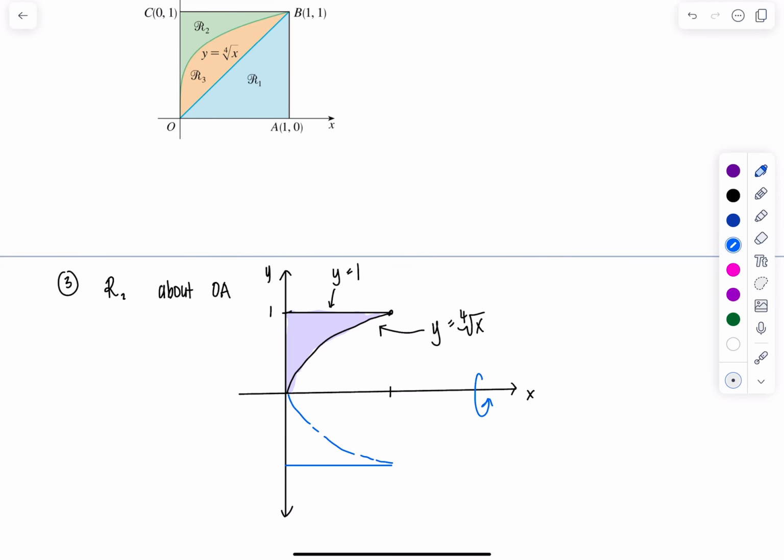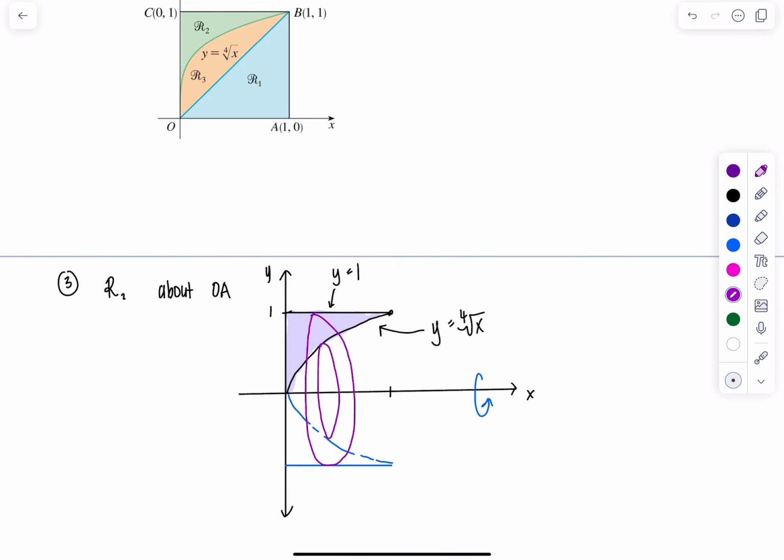Good? All right. So if we're spinning around the x-axis, I'm going to take slices perpendicular to the axis of revolution, yes? Okay, this time you can see we have a washer because we have a hole in the middle. Here's the outer radius. Here's the inner radius.